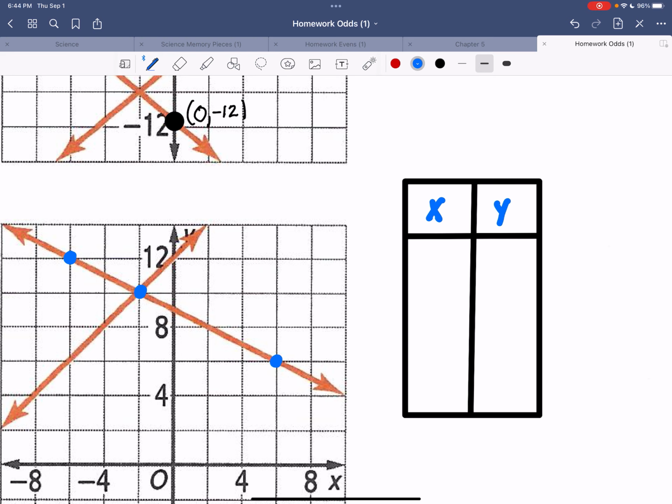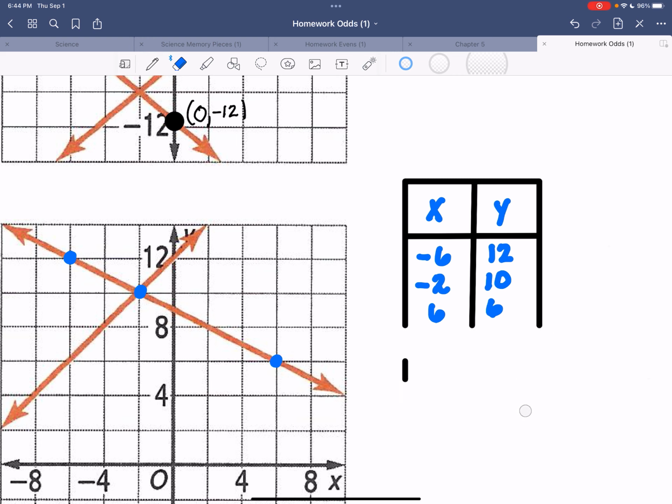Right here. So we have (-6, 12). We have (-2, 10). And then we have (6, 6). And that's enough. Okay.